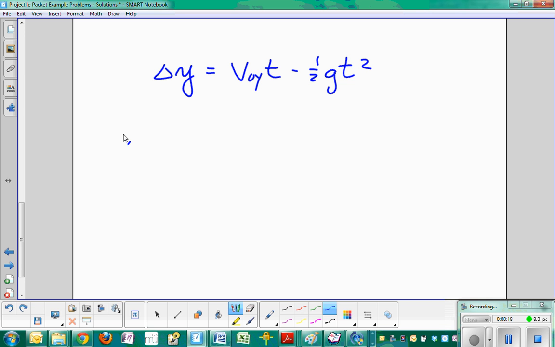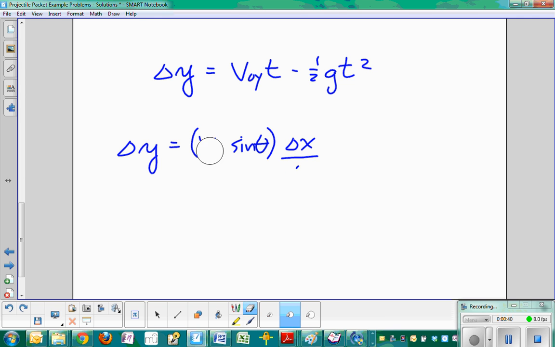All right, so basically what we're going to come up with is delta y is equal to, remember that v naught y is equal to v naught sine theta, right? And then we're going to multiply that by t, which, as you recall, is equal to delta x over vx, right? Actually, let me go back. Let's just substitute.